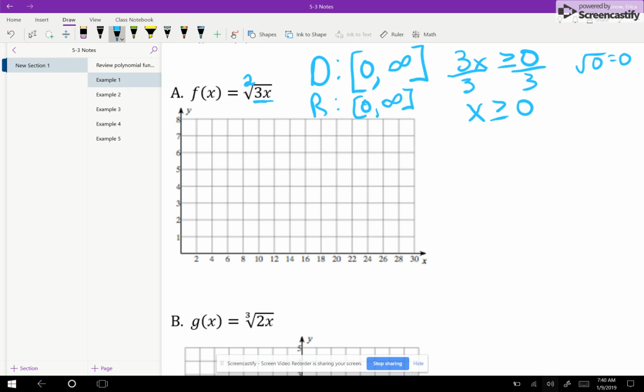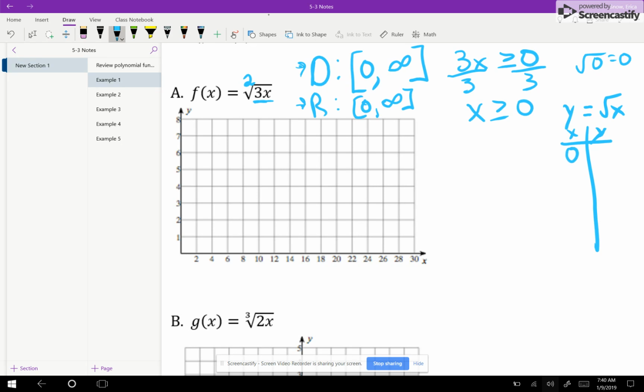Now, knowing all of that, before we actually graph A, I'm going to graph our parent function. And our parent function for a square root is just y equals square root x. And y equals square root x has this same domain and range as this function. So these don't change as long as there's nothing changing underneath. So when you think about the square root of x, you need x to be nice perfect squares so you can graph your y's.